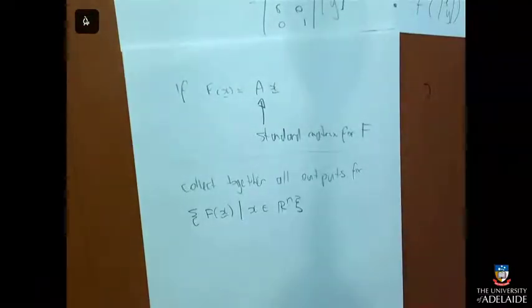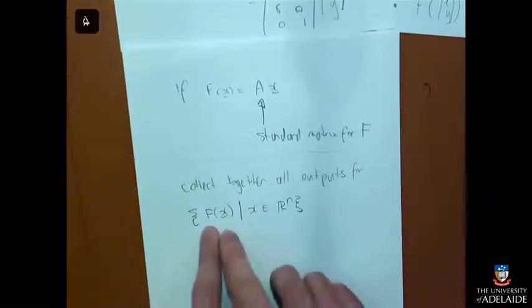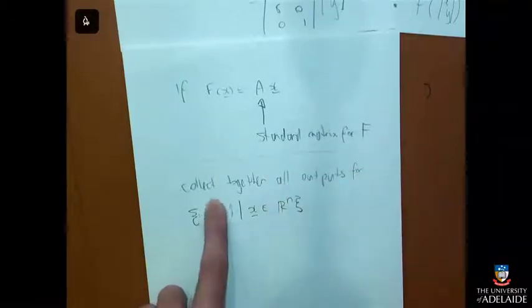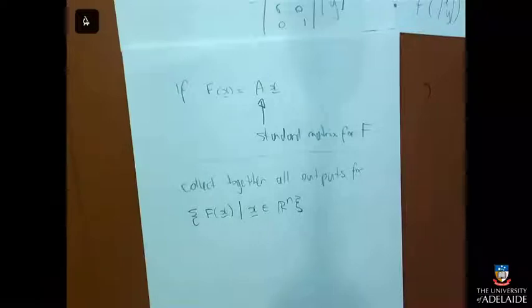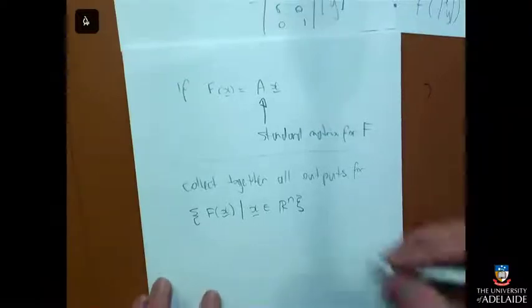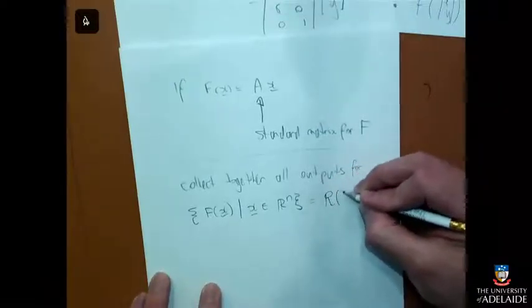When I read that aloud, these are all the outputs, all the f of x's. If I collect them all together, I make an object, and that object is called the range.